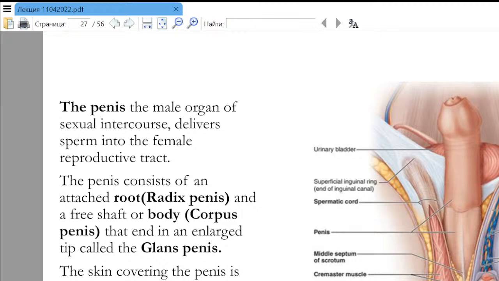The penis, the male organ of sexual intercourse, delivers sperm into the female reproductive tract. The penis consists of an attached root, radix penis, and a free shaft or body, corpus penis, that ends in an enlarged tip called the glans penis.